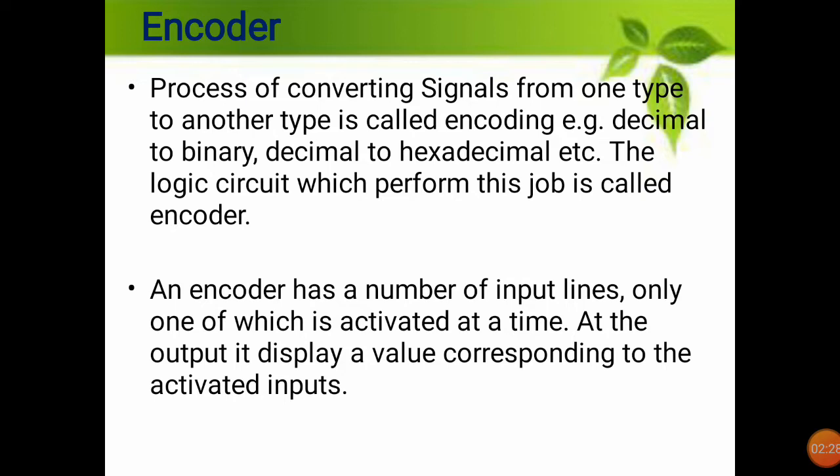So an encoder is a combinational circuit which converts the signal from one type to another type. An encoder has a number of input lines, but only one of which is activated at a time. At the output, a value is displayed corresponding to the activated input.